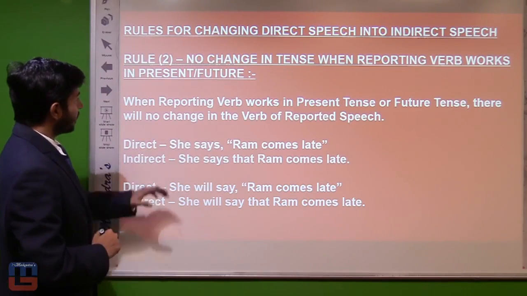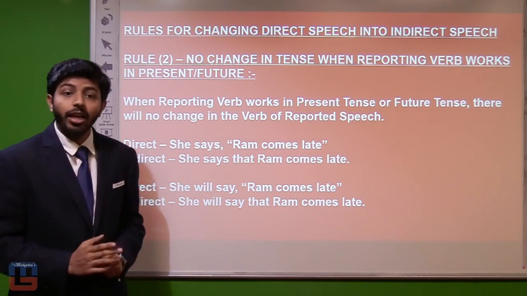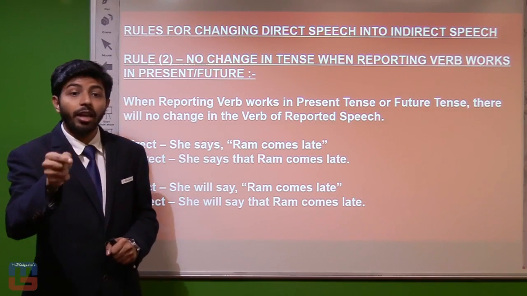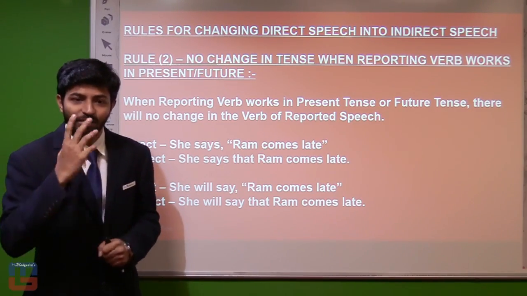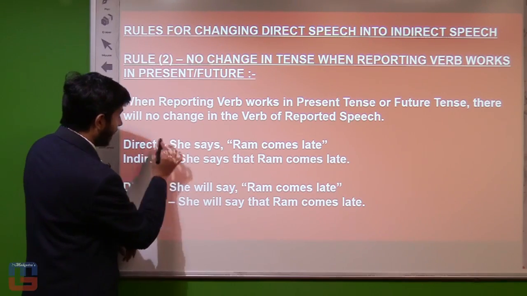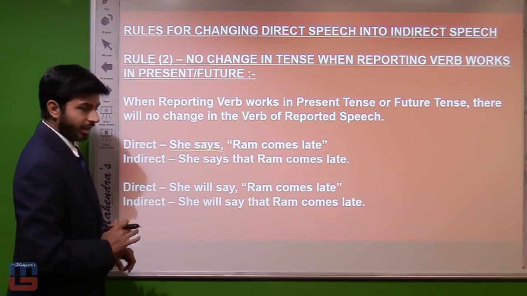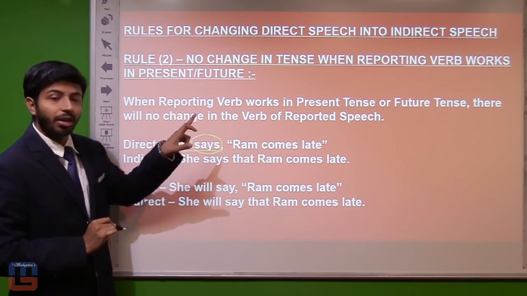Next. Rule number 2: no change in tense when the reporting verb works in present or future. Now the question arises, what is a reporting verb? Just have a look. In direct speech, she says, this verb is the reporting verb.